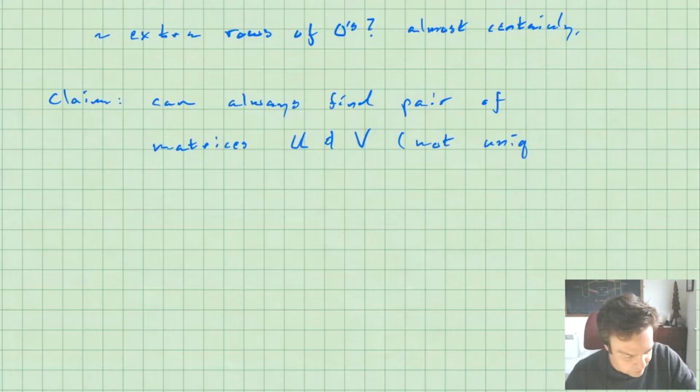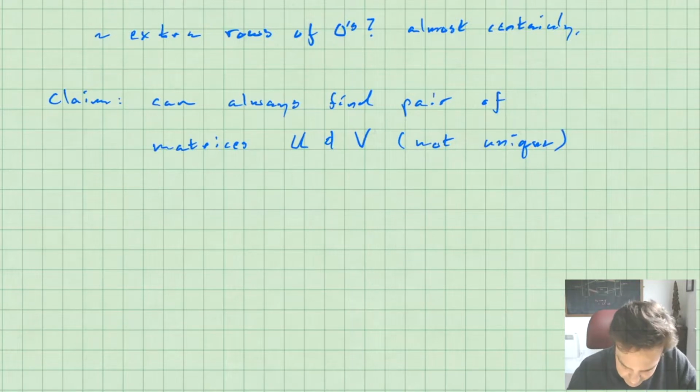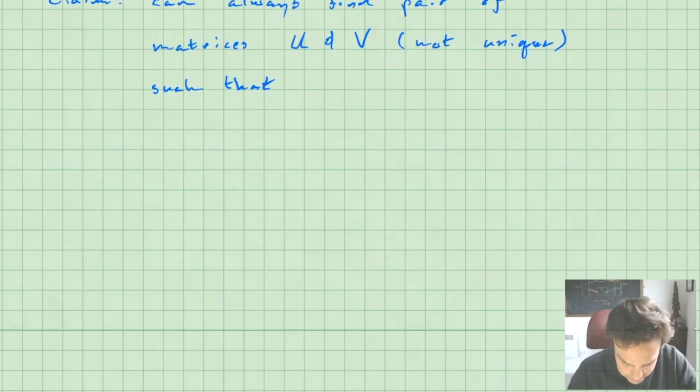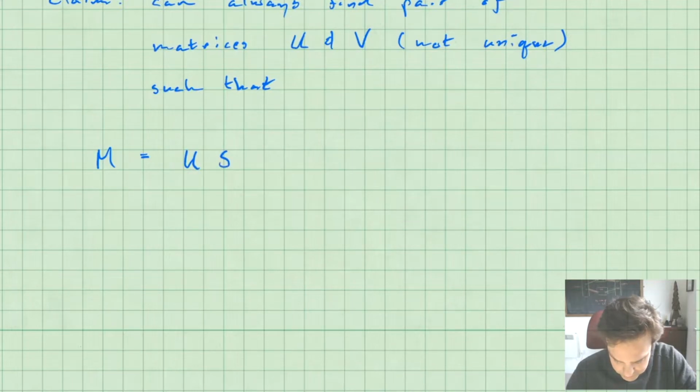Maybe an infinite number of them, such that the following is true. Right, so I'm going to write out what you can do with these guys. The matrix that you started with can be decomposed like this. It's U times the matrix S, the one that we just built, times the transpose of the matrix V.